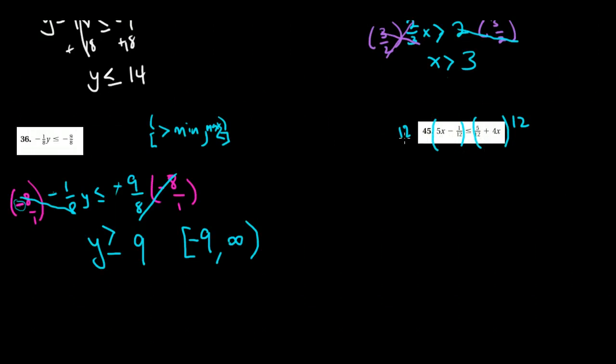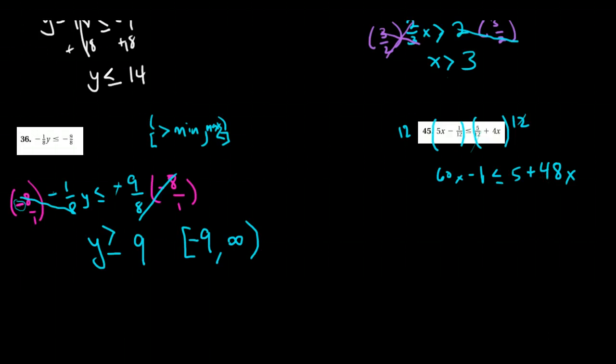So 12 times 5x is 60x. It's a nice and big number. Negative 1/12 times 12 is a negative 1, so 60x minus 1 is less than or equal to 12 times 5 over 12, which is 5 because those 12s cancel. 12 times 4 is a plus 48x.